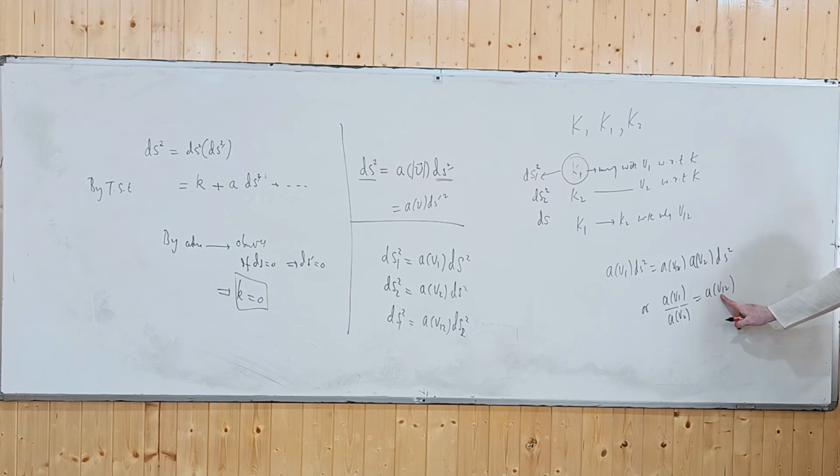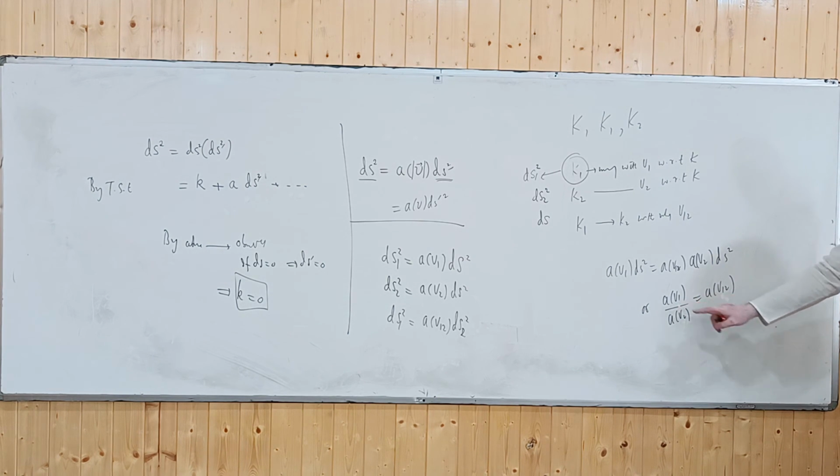Now here V12 is the magnitude of the relative velocity between K1 and K2, and I don't know at what angle they are moving. So they can be moving in the same direction, or at any angle. So the right hand side depends on the angle as well. But the left hand side does not depend on what? The angle. Clear?